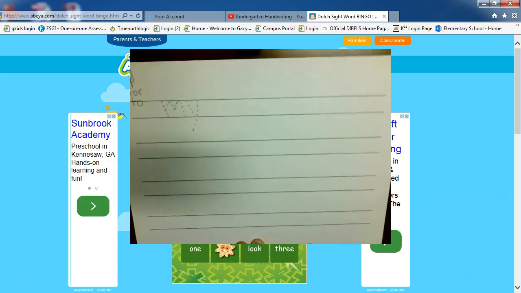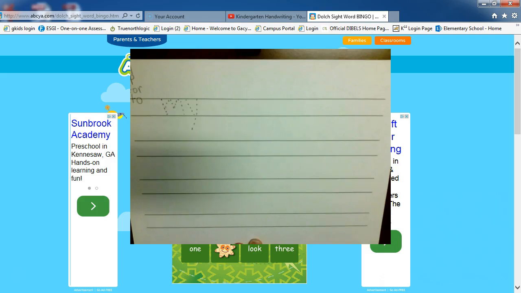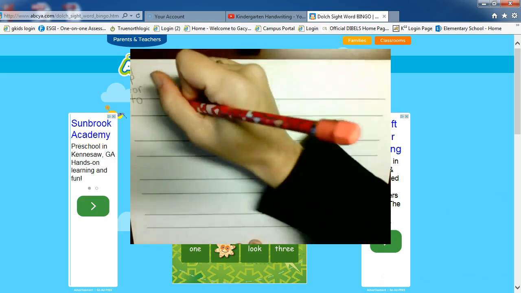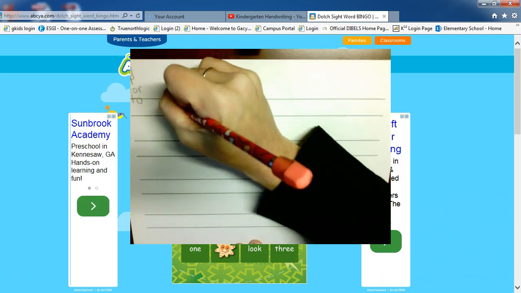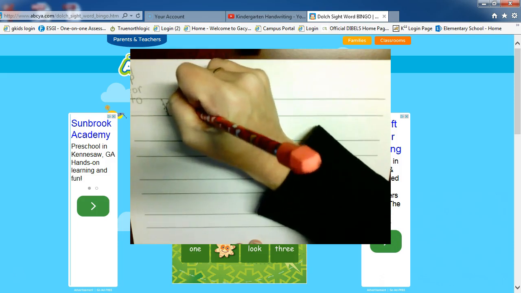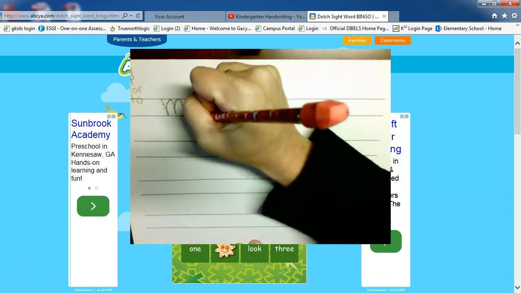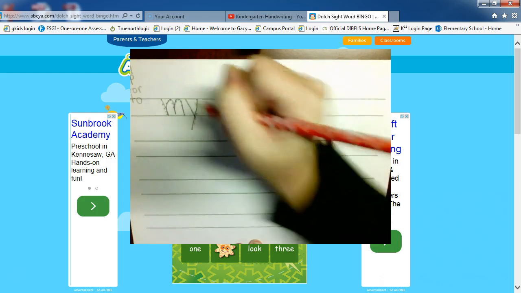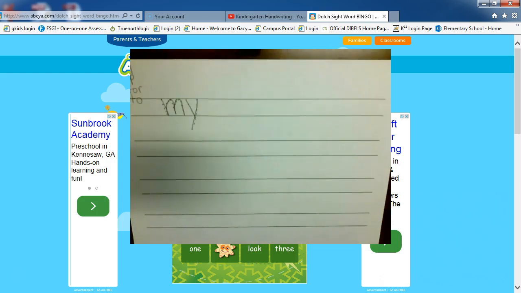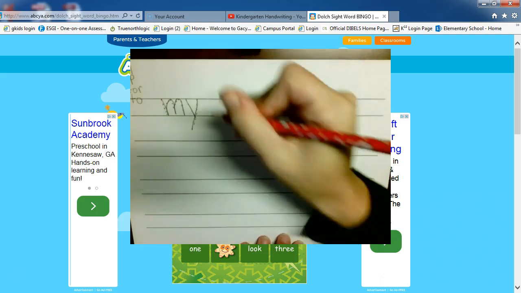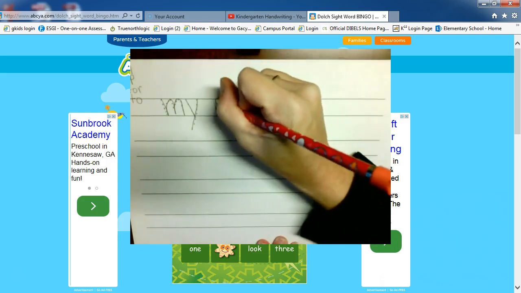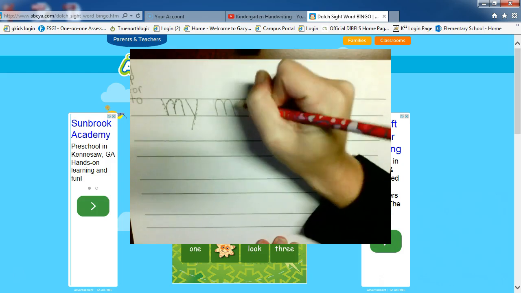And then what your student would do is they would take their pencil and they would trace those dots. And you can use this if your student is having any trouble with forming their letters or with writing any of these words. So as you know, we'll continue with my across the paper.